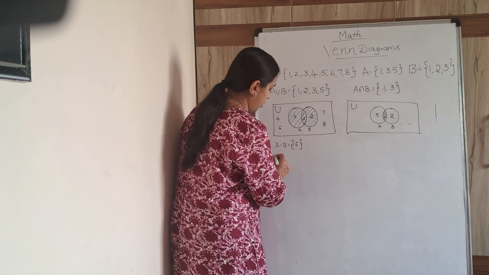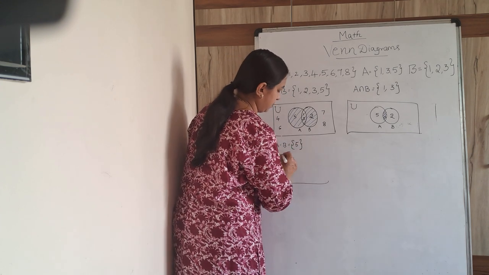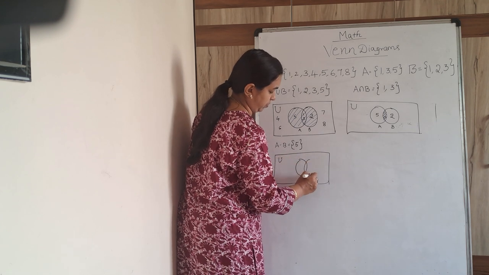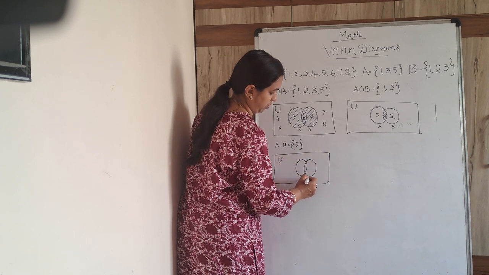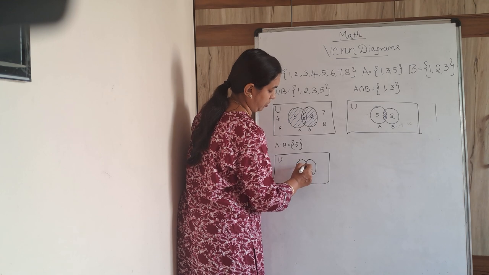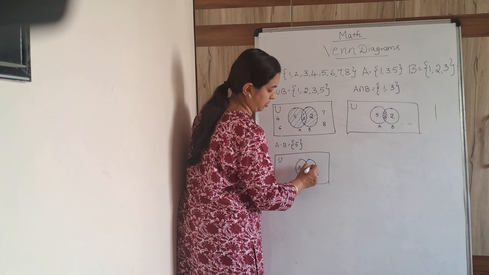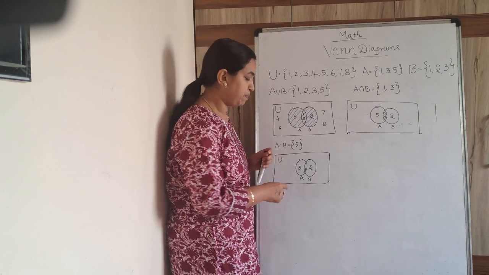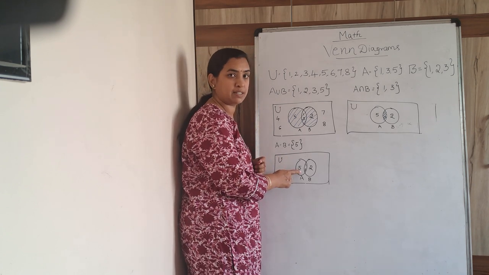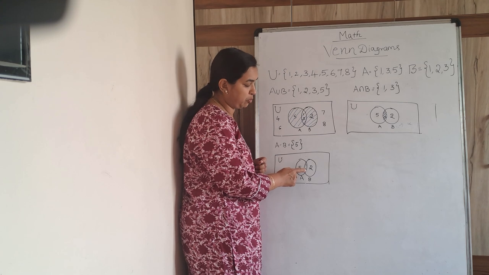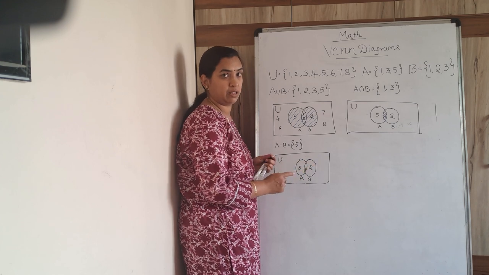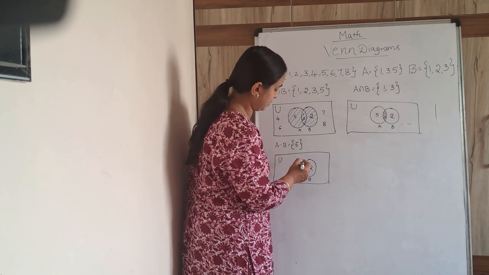In order to represent it as a Venn diagram, you need to shade only this part of A which contains 5. You should not shade 1 and 3 because 1 and 3 are present in set B as well. You need to shade only this part.